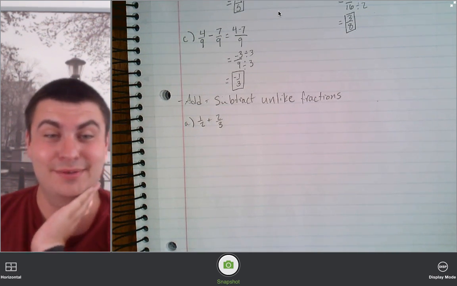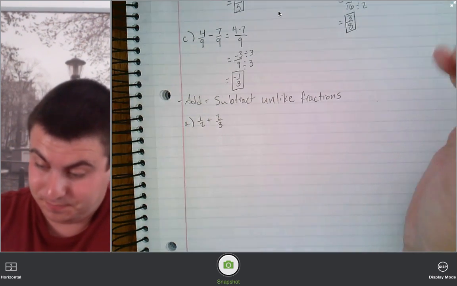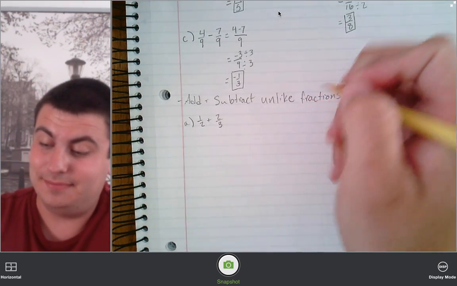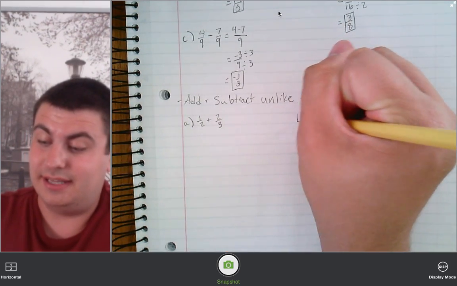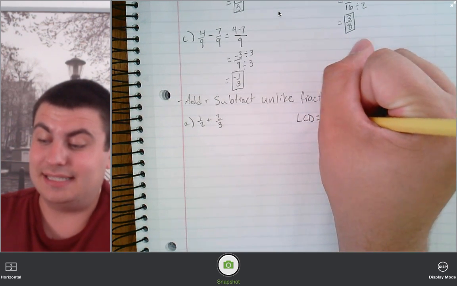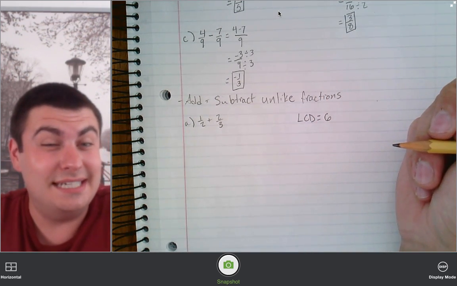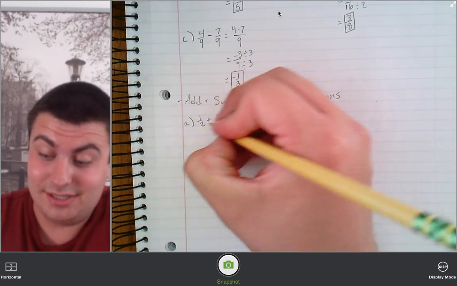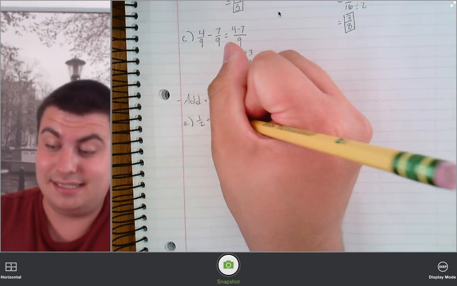We need to find what's called the common denominator. We're going to find the least common denominator of 2 and 3, so the LCD between 2 and 3, that's going to be 6. Oftentimes it's going to be multiplying the denominators by each other, so 2 times 3 to get 6.